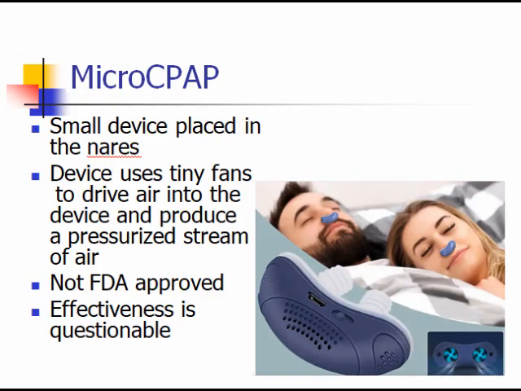It has little tiny fans that drive air into the nose and down the airway, and they claim that it's pressurized air in to hold the tongue back. I doubt if it's effective because of the size and the design. It's also not FDA approved.